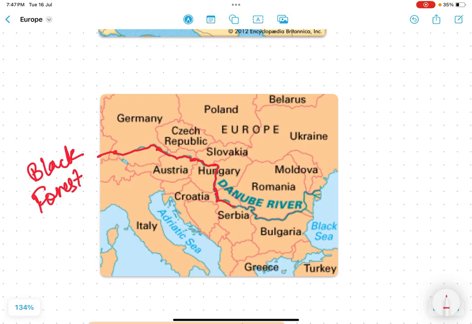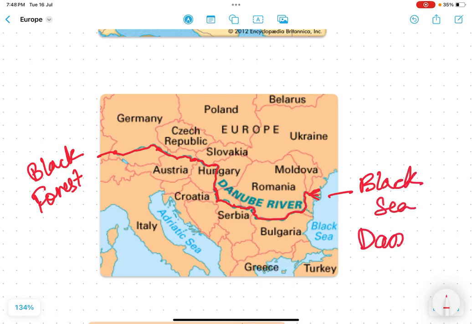Then into Serbia and Romania border. Then Romania Bulgaria border. Then it goes into Romania and touches the border of Moldova and eventually into Black Sea.